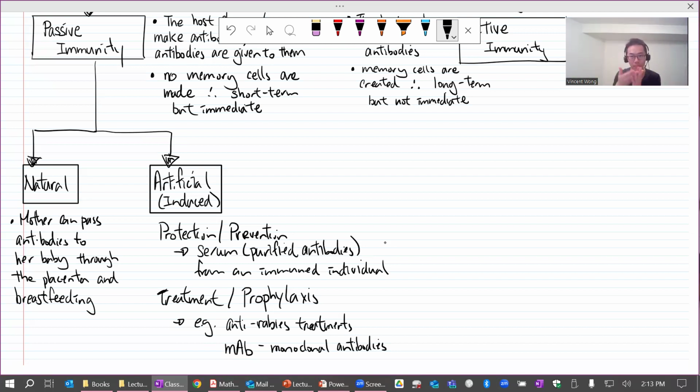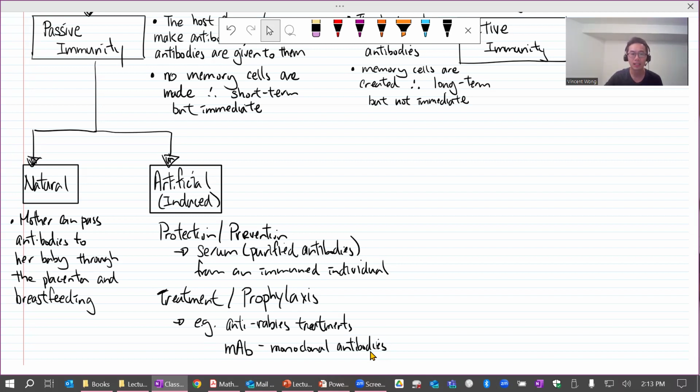But if you accidentally jab yourself, then that's a problem because now you might potentially have caught the hepatitis, right? Then they will have to give you monoclonal antibodies. These are purified antibodies that are specifically designed to fight off the hepatitis virus. Okay, and hopefully, again, it will clear it should you have been infected. And even if you haven't, we're just doing it as a prophylaxis.